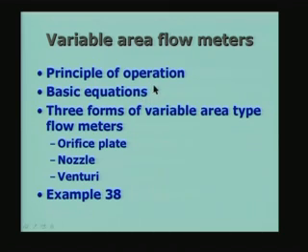So, we will look at the basic equations which describe the variable area flow meters, and then we will discuss three types of variable area flow meters which are normally employed: the orifice plate, the nozzle and the venturi. And of course, we will round off the treatment if time permits in this lecture with example number 38, which will discuss a problem involving these three devices.